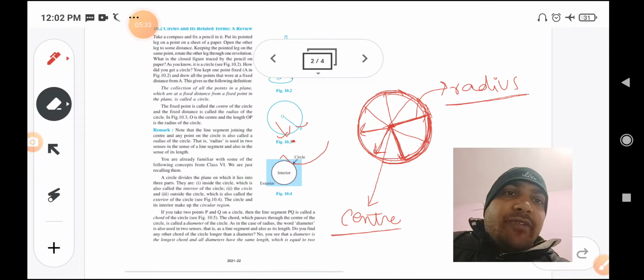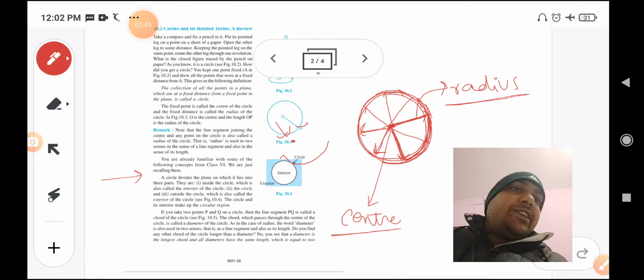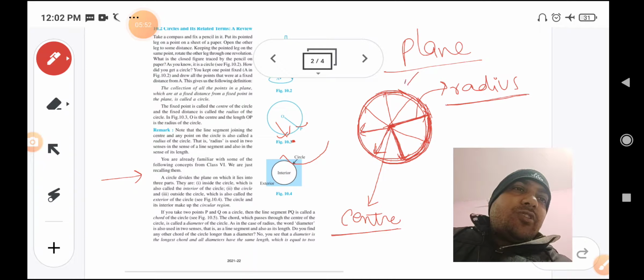A circle divides the plane on which it lies into three parts. Once we draw a circle, it divides the plane. Suppose here is a plane, this plane is divided into three parts.